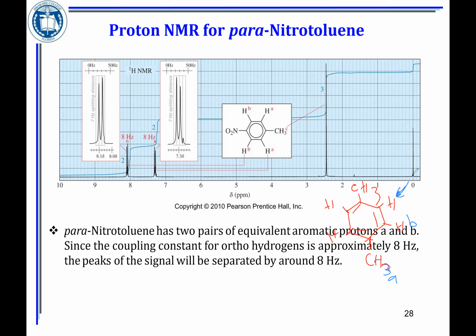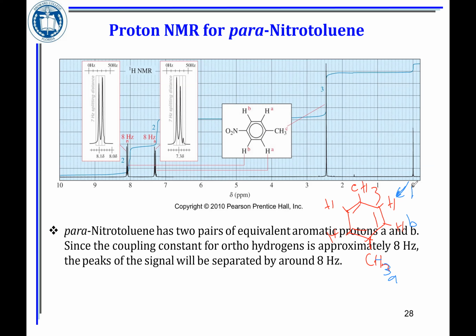Which one? What should I name that? The hydrogen with the arrow? Should it be A, B, or C? B also, very good.